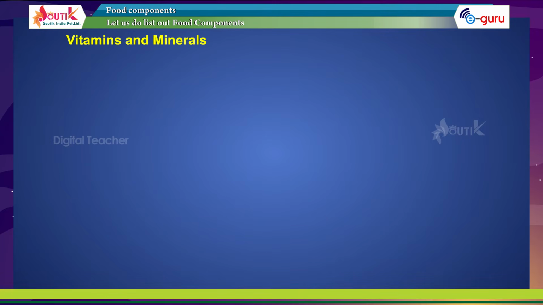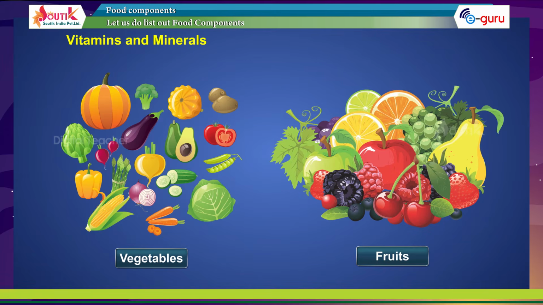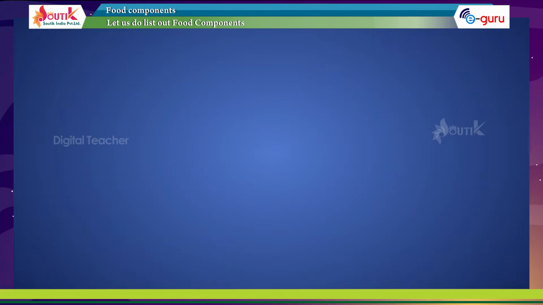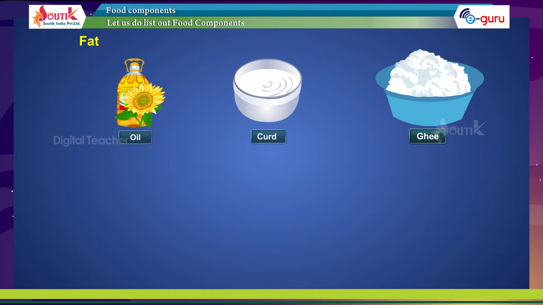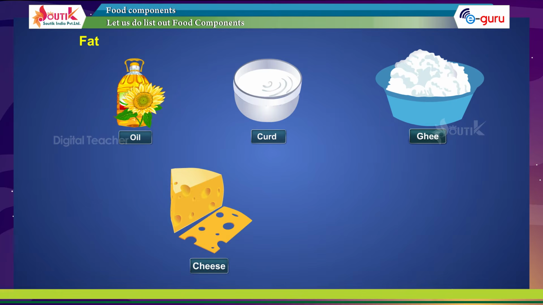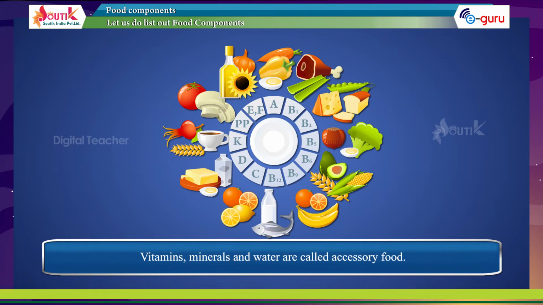Vitamins and minerals: vegetables and fruits. Fat: oil, curd, ghee, cheese, coconut. Vitamins, minerals and water are called accessory food.